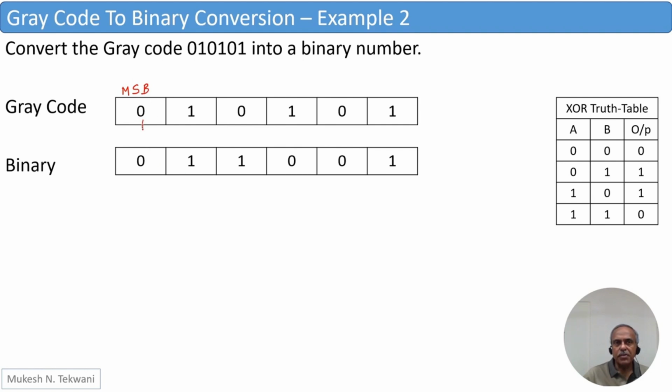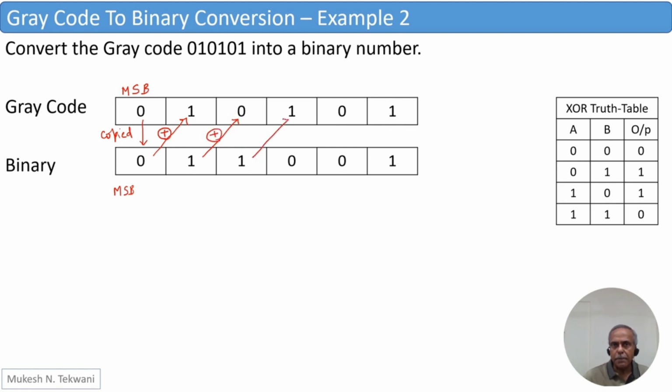So the most significant bit of the gray code becomes the most significant bit of the binary. So this value is simply copied into the MSB of the binary. But thereafter 0 XOR 1, we will XOR this 0 with 1, that gives us 1, and then again 1 XORed with 0 gives us 1.